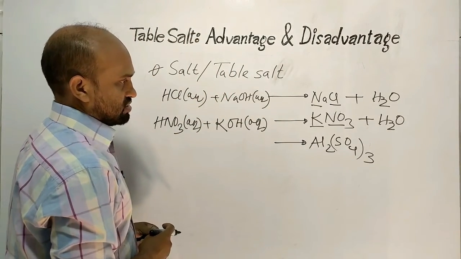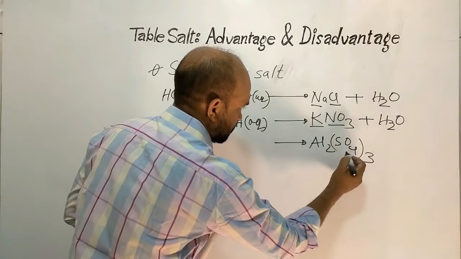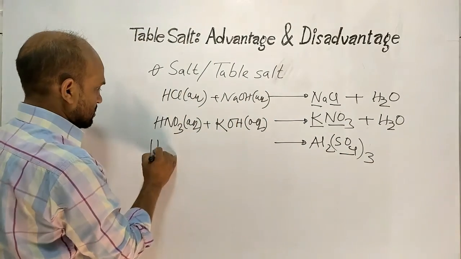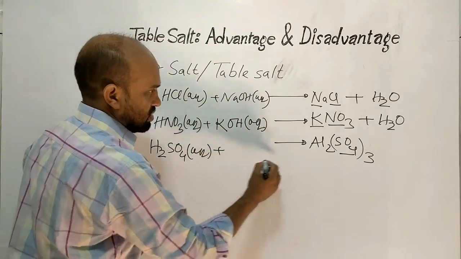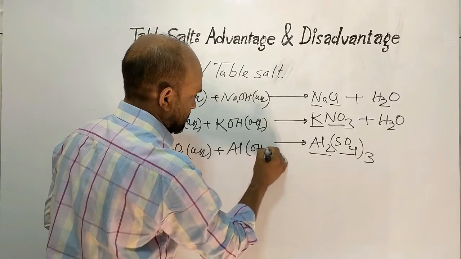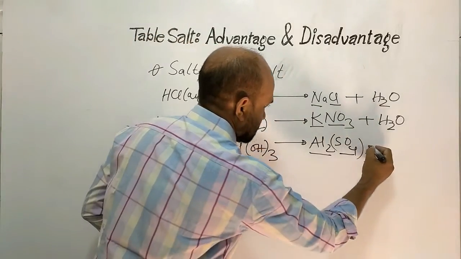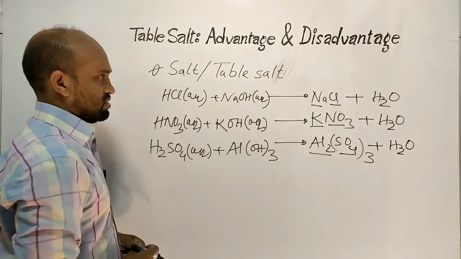Aluminum sulfate is another kind of salt which is prepared from sulfuric acid and base, here aluminum hydroxide. Water is formed as byproduct.